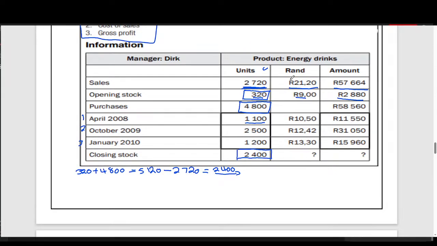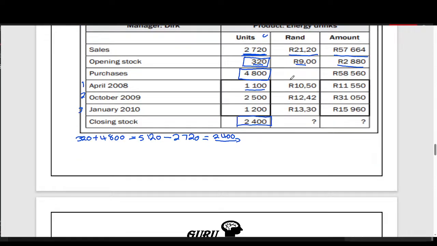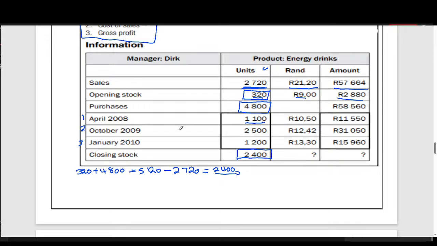I'm going to hide that so that I can have enough space to do calculations. Let me remove this because I just explained it this way. So remember the FIFO method: it says the stock that came in first must be the first stock to go out.